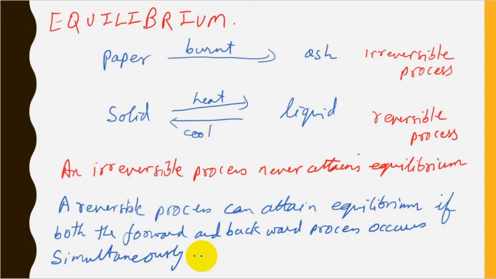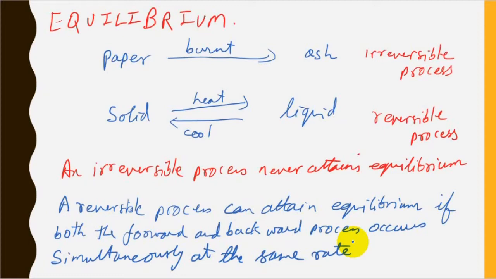So if the forward and backward processes occur simultaneously at the same rate, only then can equilibrium be established.